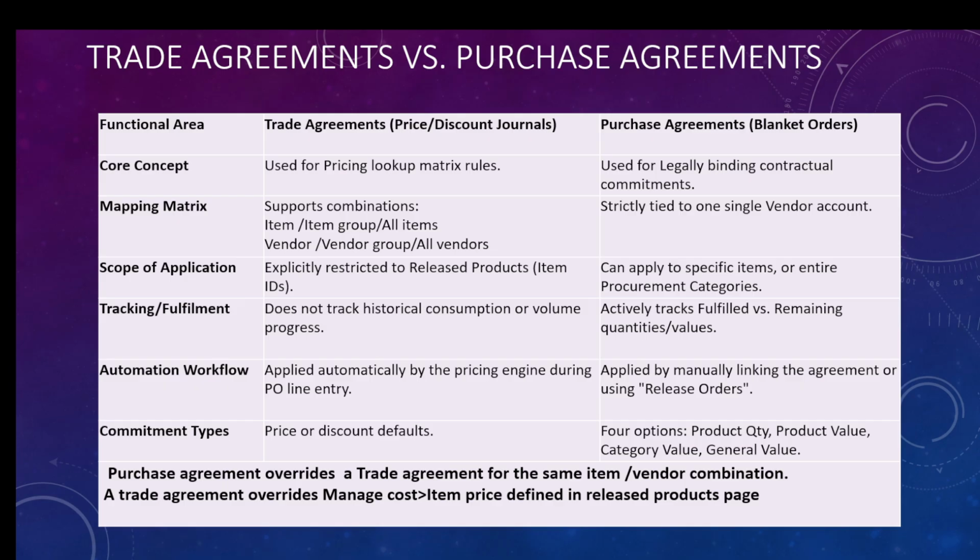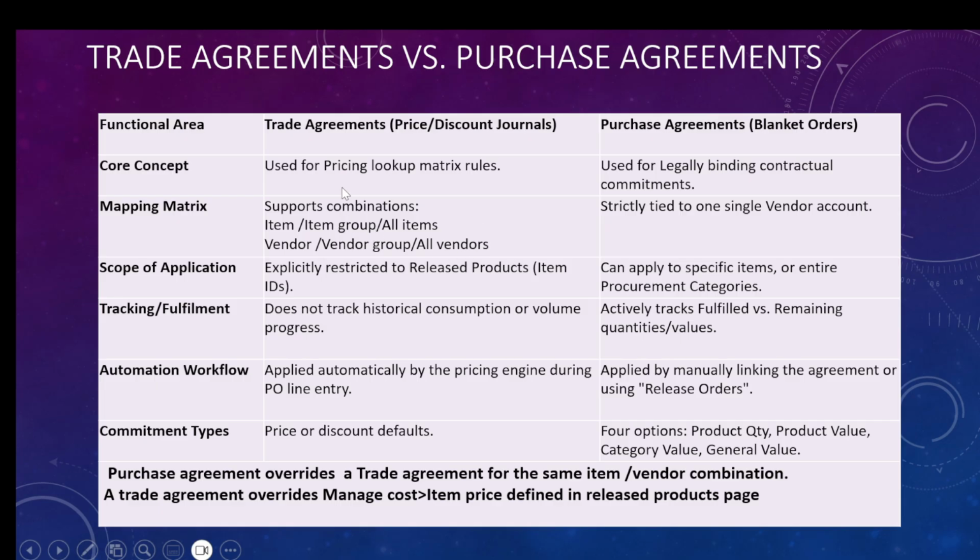For example, if we sign a blanket order for 1,000 quantities, we will be raising purchase orders one after the other until we reach the commitment of 1,000 quantity. Similarly, if we have a value-based order, we can keep on raising purchase orders until we meet the commitment.